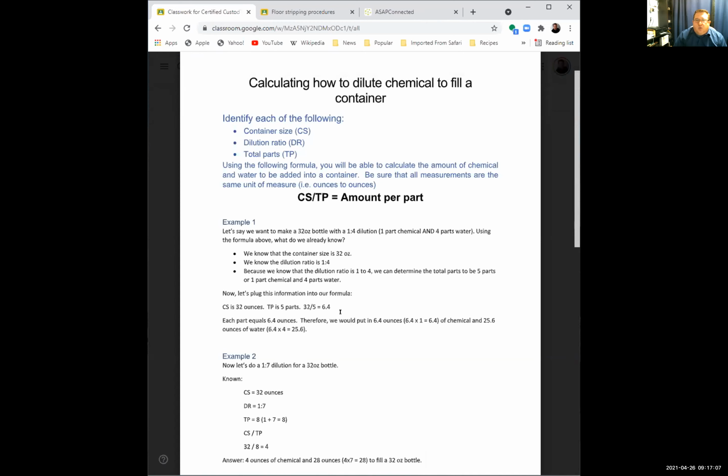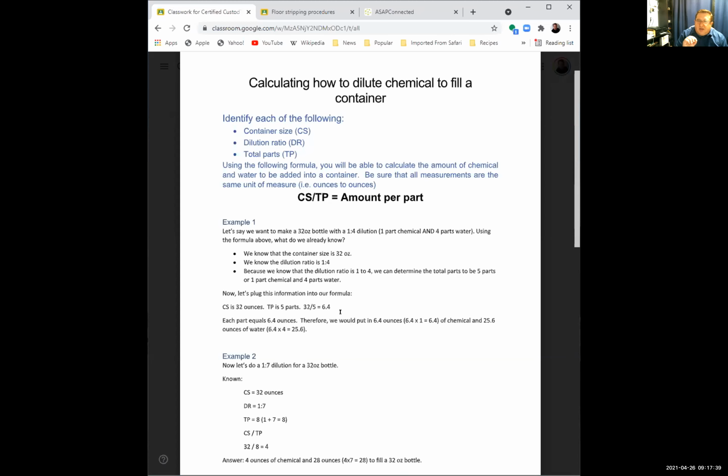But I will tell you this. If you are dealing with a chemical mixing station that actually mixes it for you, it is precisely measured. They actually will go to the thousandth in their percentages, because they create a hole within a little metering tip that precisely measures how much chemical will go through that.